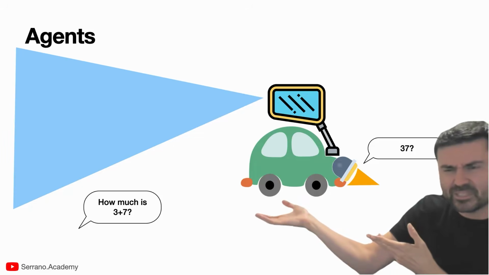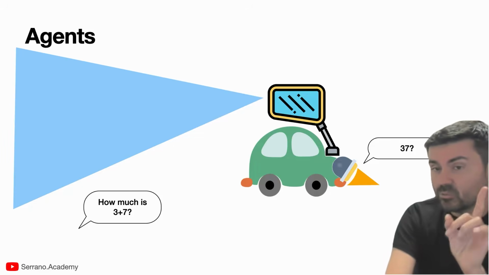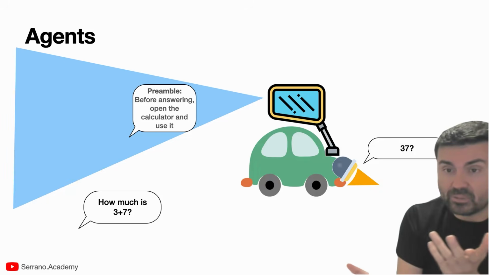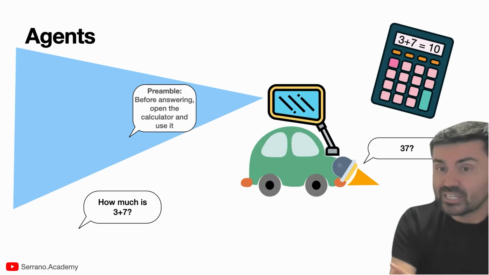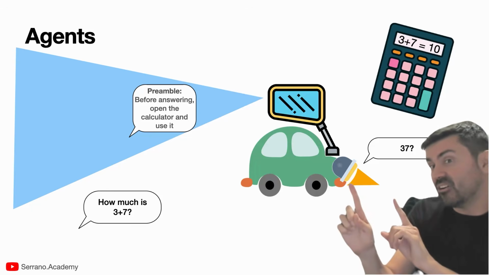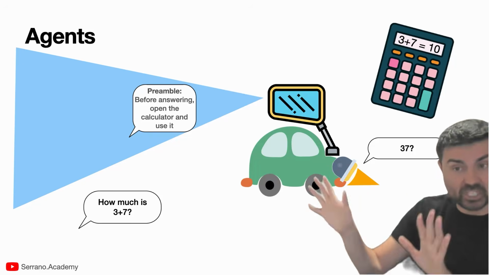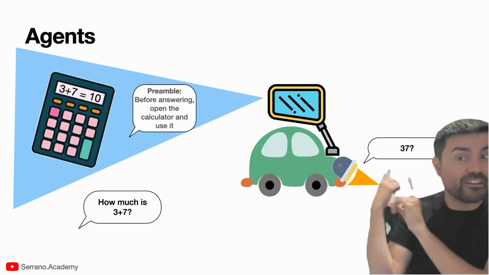It knows it has to answer with a number, but it doesn't know what the number is. So what can I do? Well, I could write a preamble that says, hey, if you're getting a numerical question, before answering, open the calculator and plug in the equation that I gave you. So now it's got an API call. So that's another level, but it can do it. And then put the results that the calculator gave you on your rearview mirror.